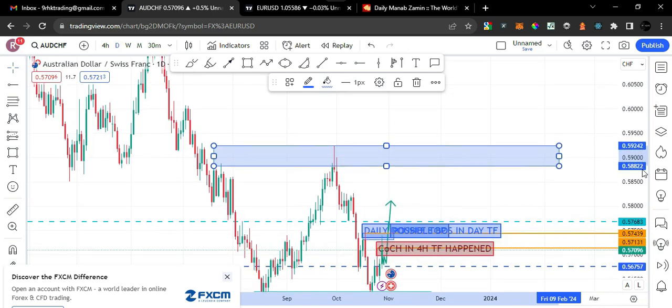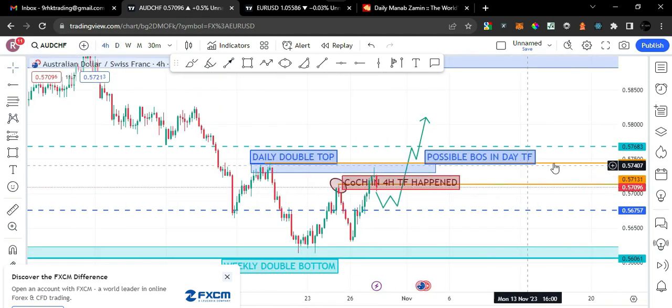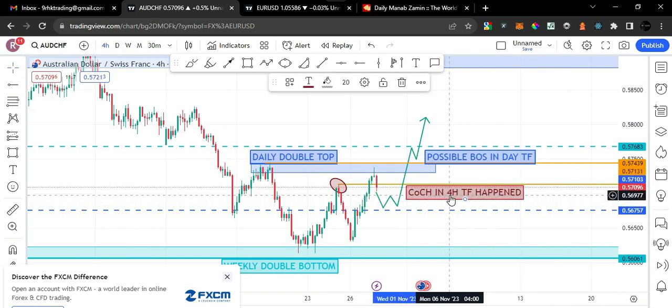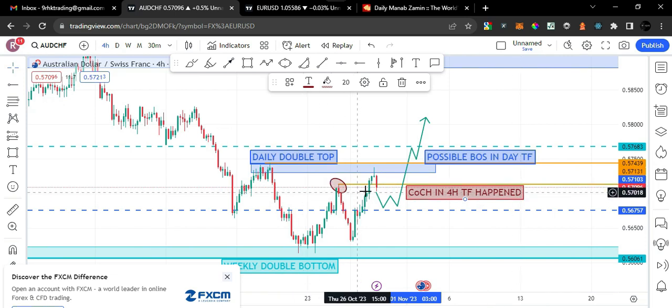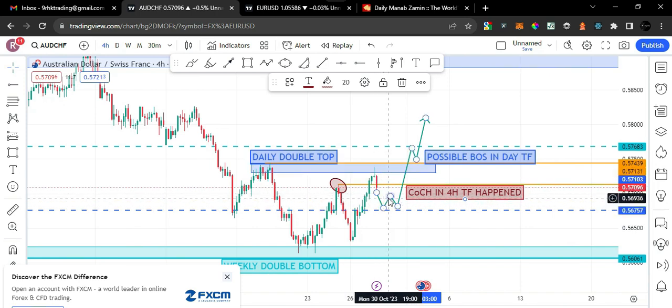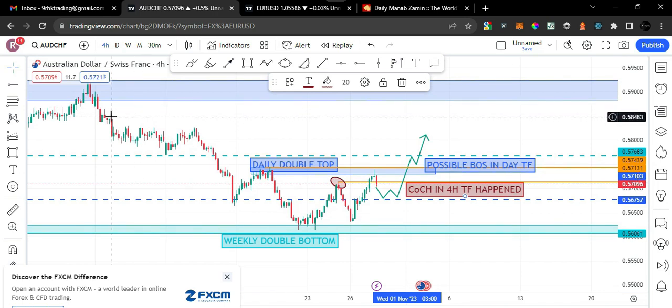So if we go to day now, and if it breaks here, this is the point, let's put it in 4 hours so we can see it with clear indication. Change of character in 4 hours time frame already happened, which we can see here very clearly. Now this double top has been formed and price was pushed back downward. Now if it retests half of this and it breaks this position, then it will go, very simple and easy calculation.